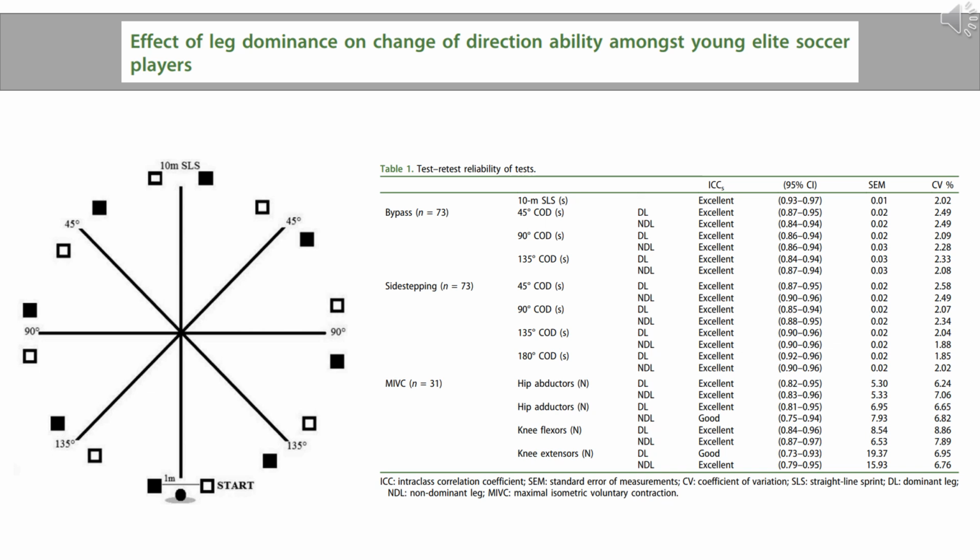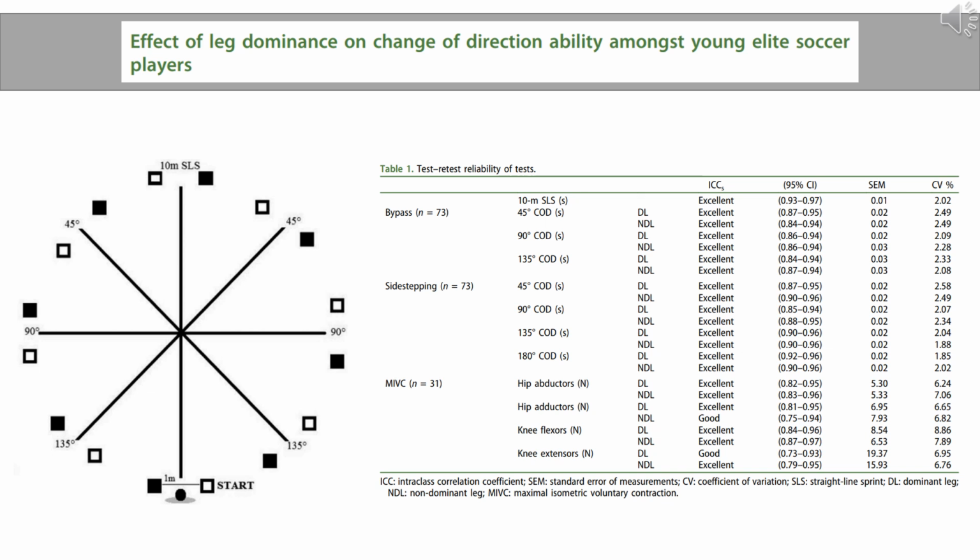You can see that the lowest value, the lower boundary of the confidence interval, ranges from 0.85 to 0.84. That tells you that if the lowest value of the confidence interval is still good, the actual mean ICC value is all excellent. Coefficient of variations reported as well.